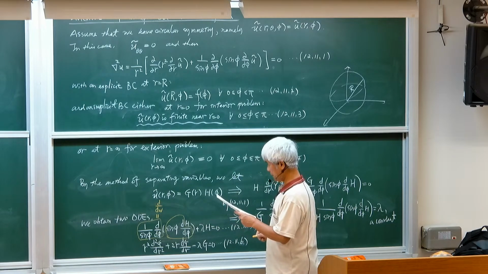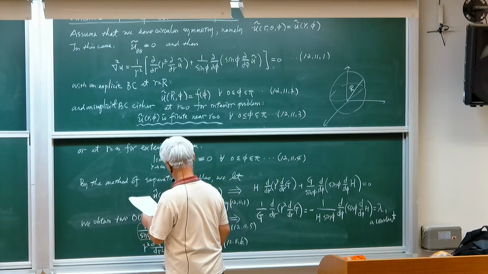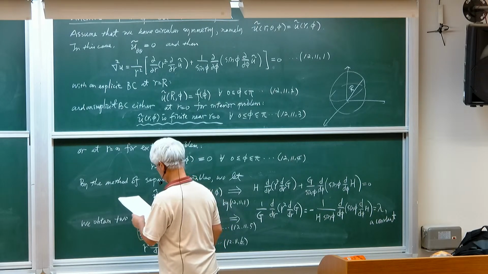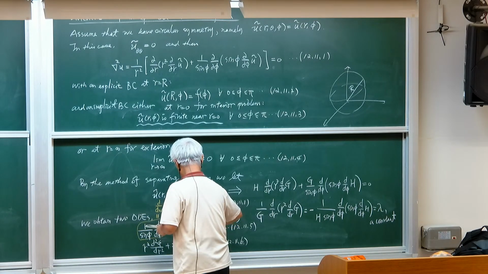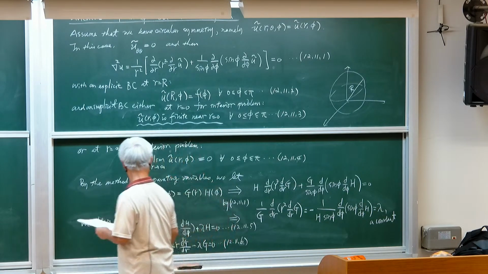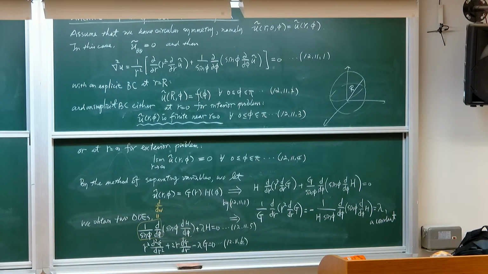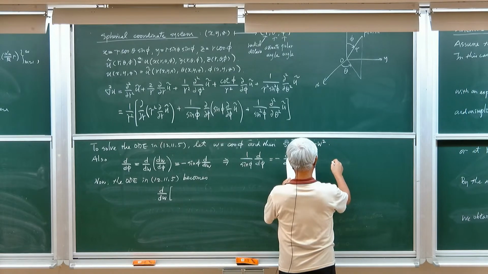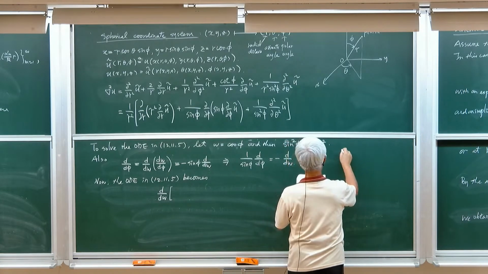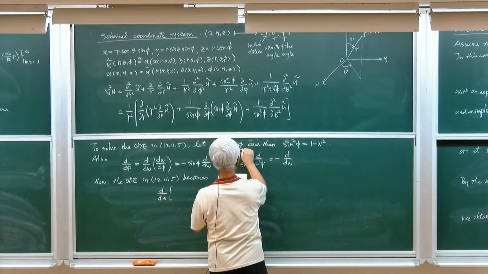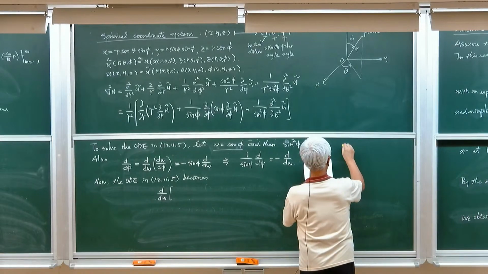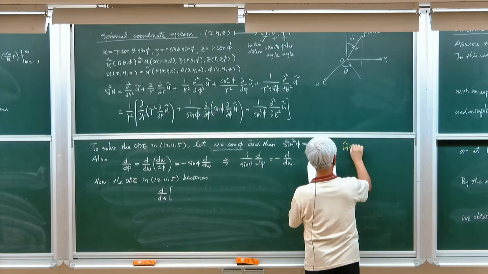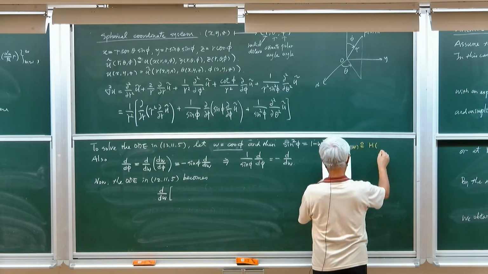Okay, so now D5. Okay, so right. So by the change of variable, let me write here, that we define H to be h of phi.